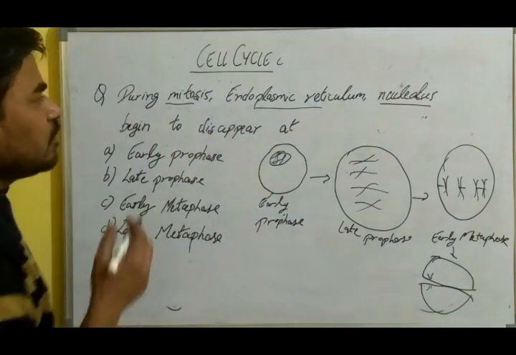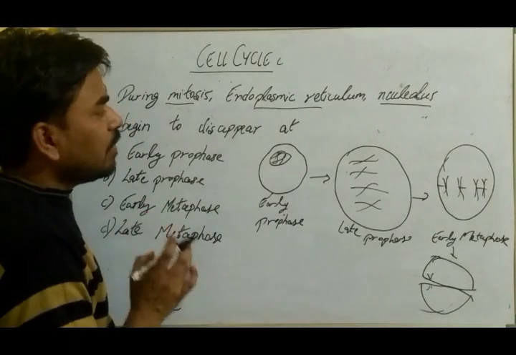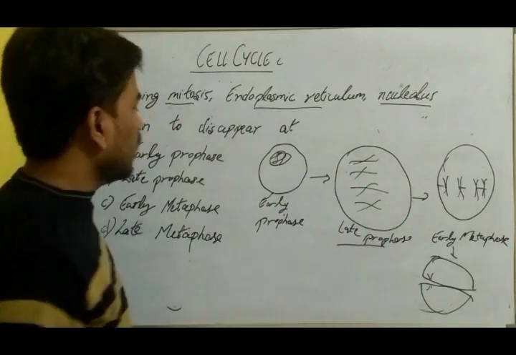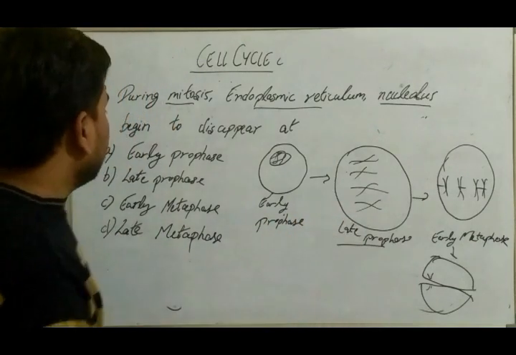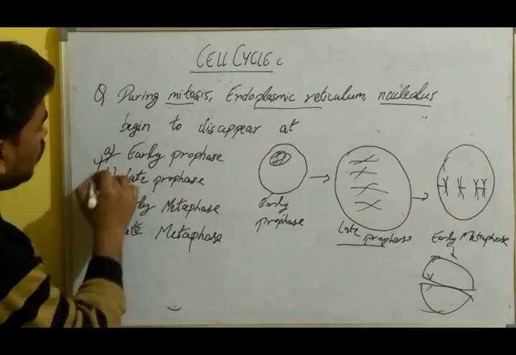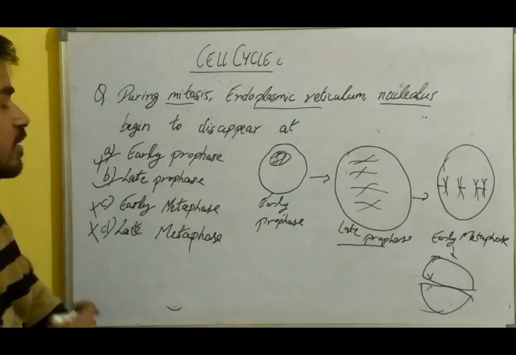So the endoplasmic reticulum, nucleus, and the nuclear membrane start disappearing from the late prophase, so that the chromosomes become free. So the correct option is late prophase. Option A is wrong, option C is wrong, and option D is wrong. The correct option is late prophase.